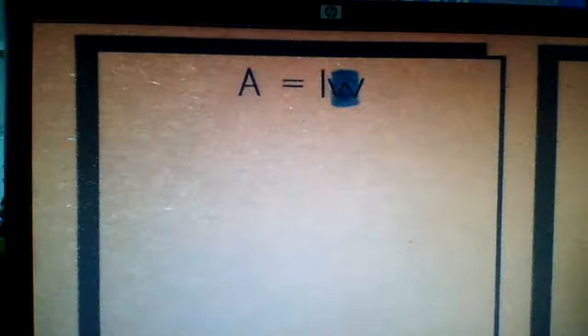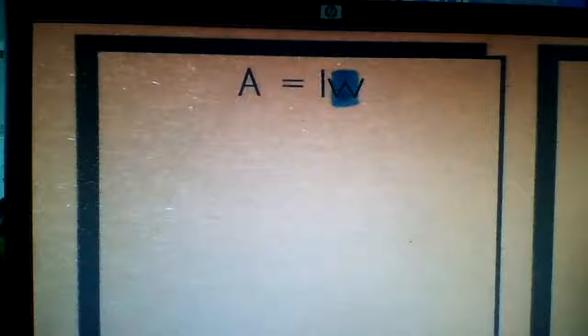So, how do I get rid of L? Okay, hold on. Back up for a second. So, I've got LW. If there's nothing written in here, what is happening? Multiplication. So, how do I get rid of L then? We divide.